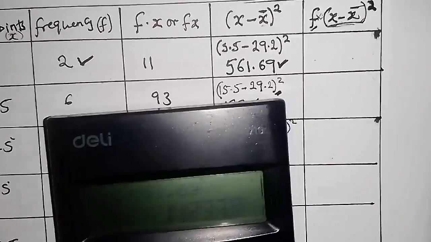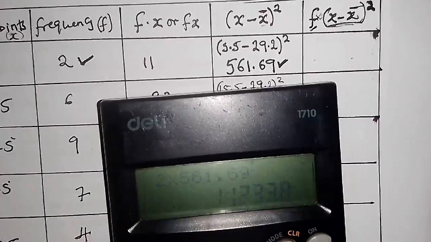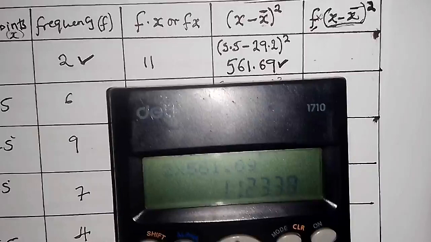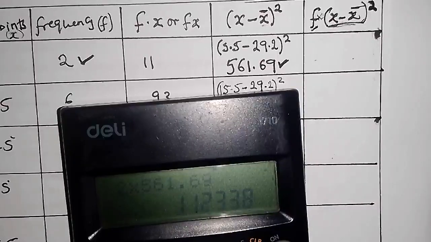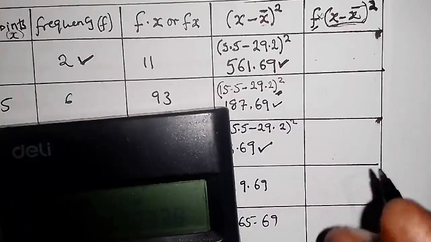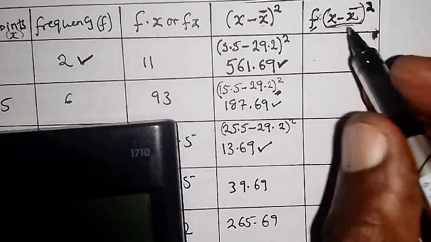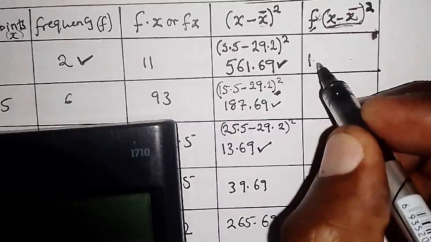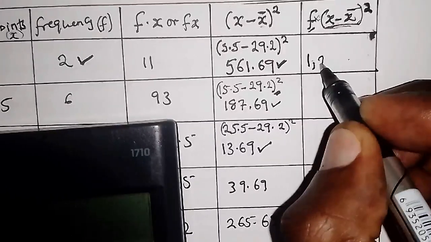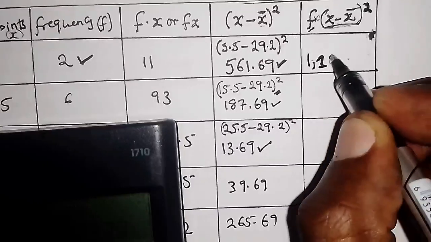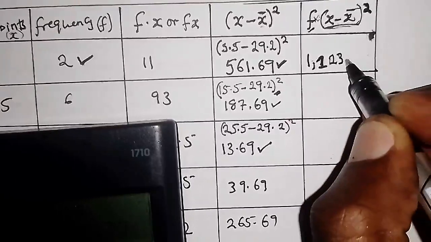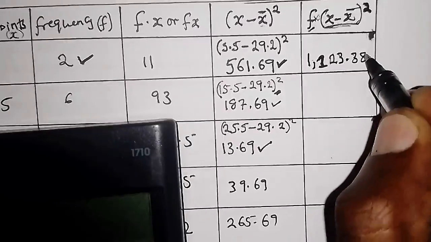So be careful. That is 1123.38. So the first one is just a comma. Okay, so you're getting 1123.38.